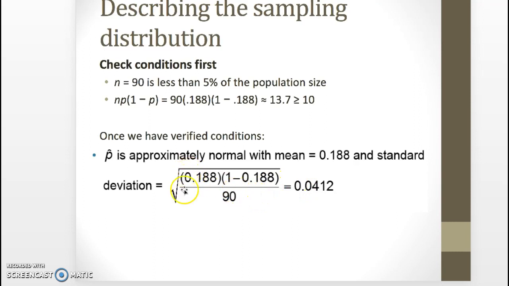Use your parentheses so that this entire fraction is under the square root. Just be a little bit careful and double check this calculation to make sure you can reproduce this standard deviation. Sometimes the problems in 8.2 are really calculator input errors at the standard deviation point. So once we calculate the standard deviation, it's pretty small.